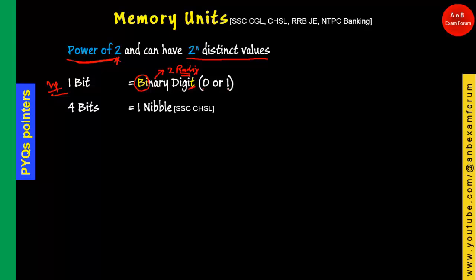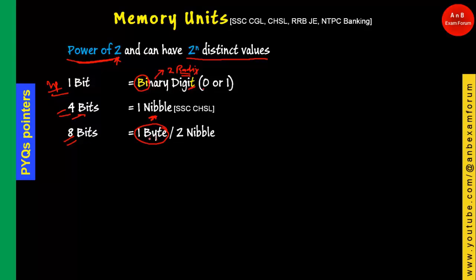The next is the nibble. So if you combine 4 bits, it will become 1 nibble. So in exam generally they ask, what is called the collection of 4 bits? It is nibble. The next one is byte. So when you combine 8 bits, it becomes a byte.